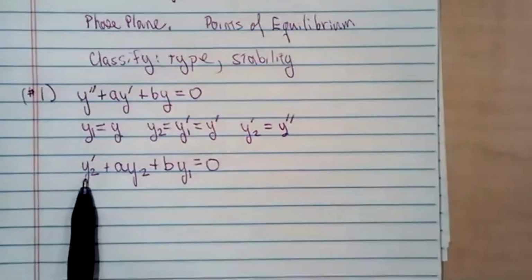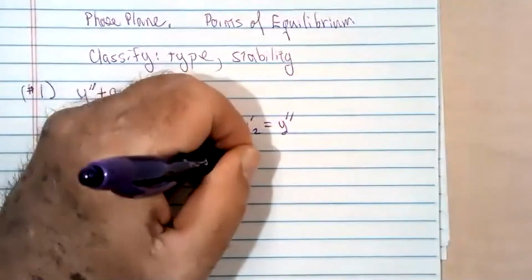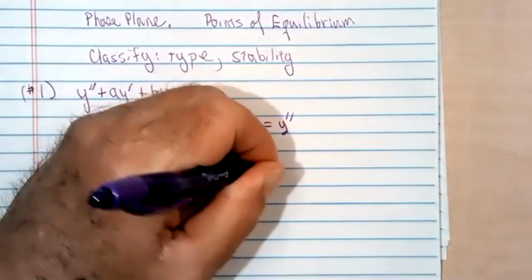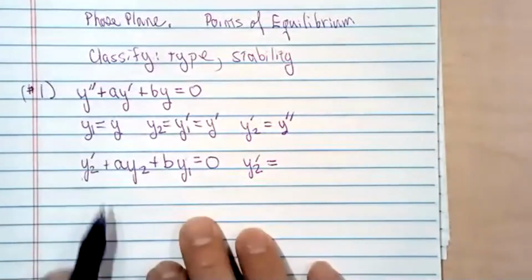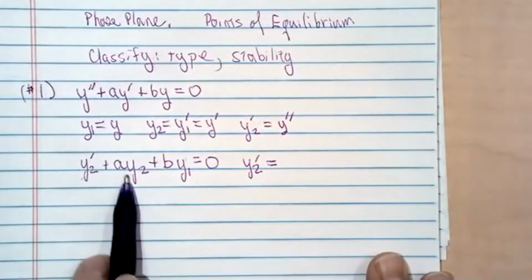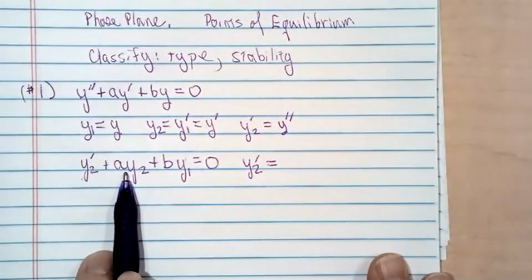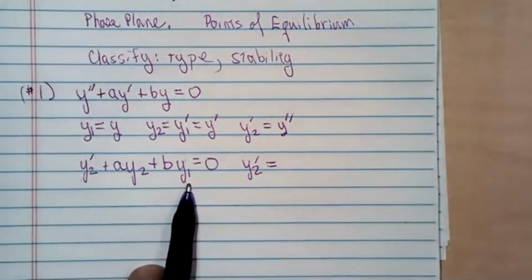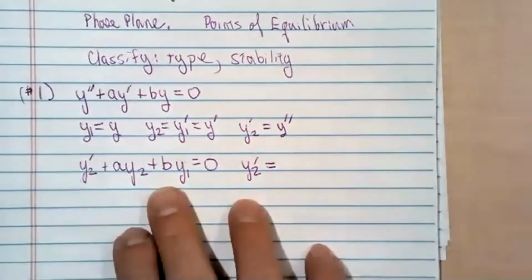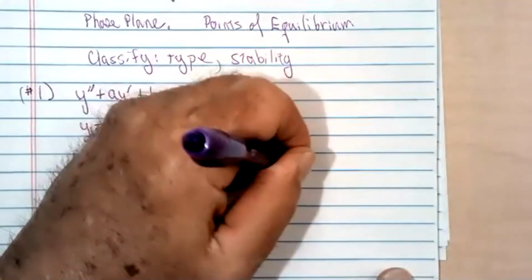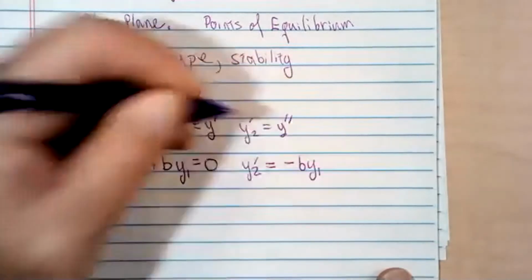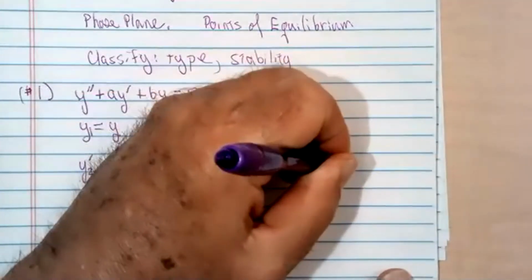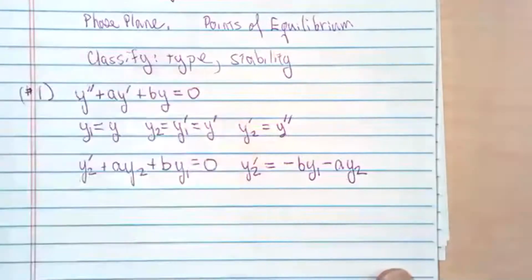What I want to do is solve this for y2 prime. So y2 prime equals, now all this stuff is going to the other side of the equation, so the coefficients become negative. I want them in numerical order by subscript, y1 on the left, y2 on the right. So this goes over as minus b y1 minus a y2.